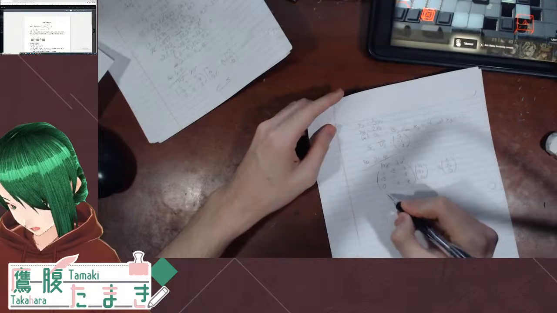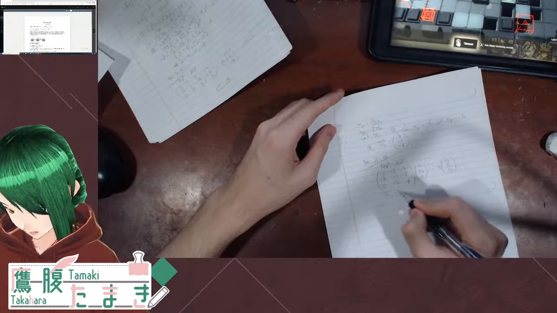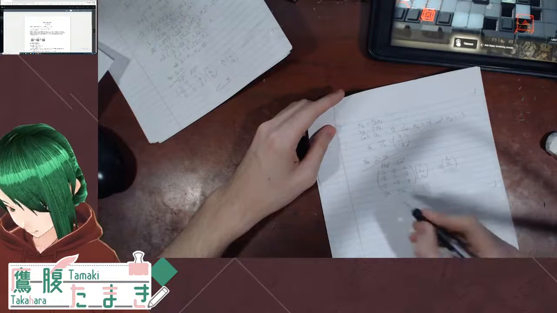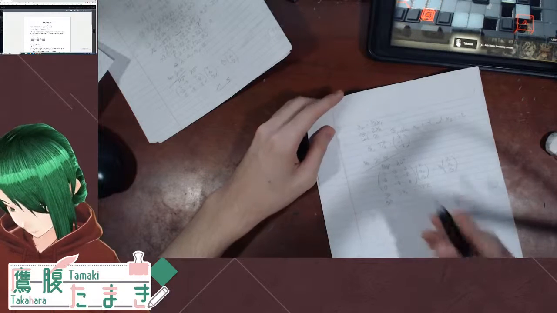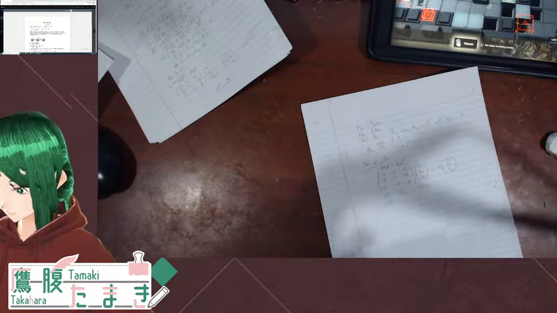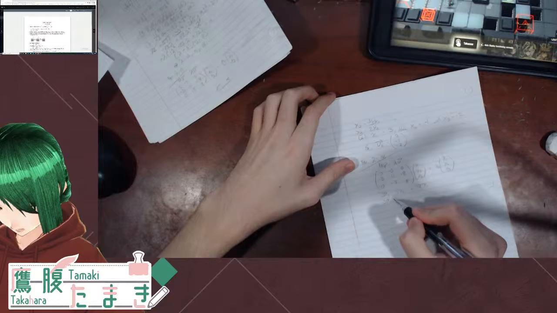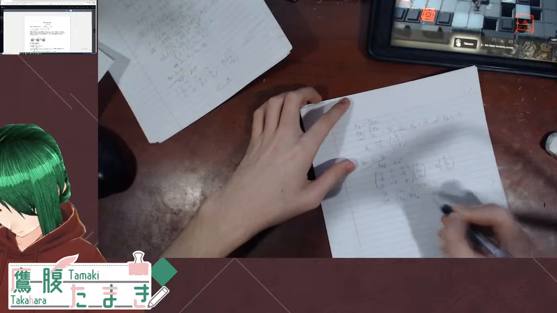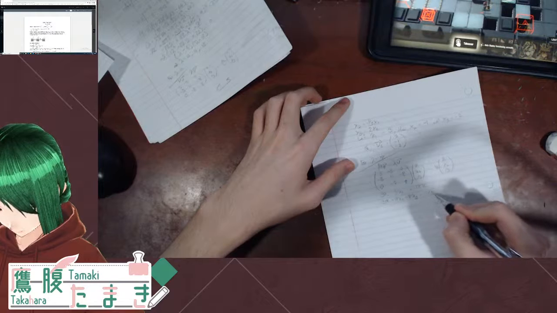Alright, so 3x1 minus 3x2 equals 18x1. We'll have negative 3x1 plus 11x2 minus 8x3 equals 18x2.